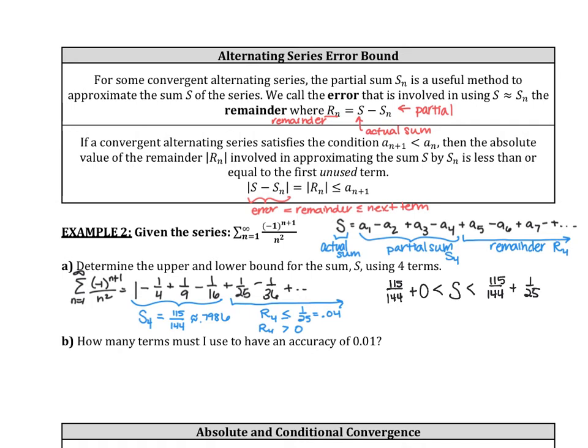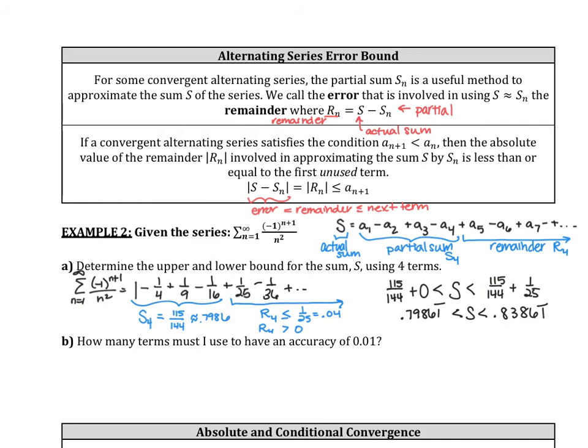The lowest I could go with that error would be 0, and the highest that I could go would be 1/25. And so if I combine these two, if I find their decimal places, I know that the actual sum falls somewhere between these two numbers. And that's just me typing those in my calculator. So these are the bounds of my error based on the 4th partial sum.